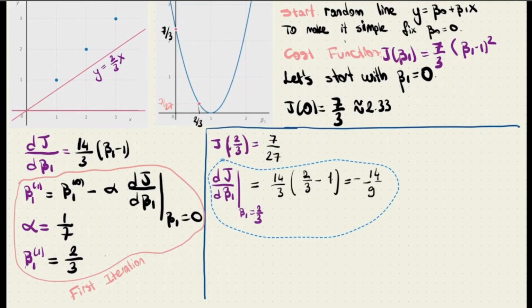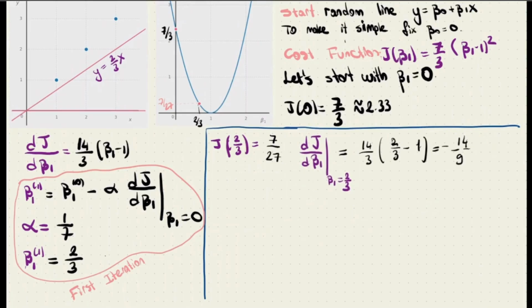Now we are going to use the update formula, this formula. Our next beta, I'm going to call it beta 1 2, will be beta 1 1 minus our learning rate 1 over 7 times the derivative of the cost function at the point 2 by 3.